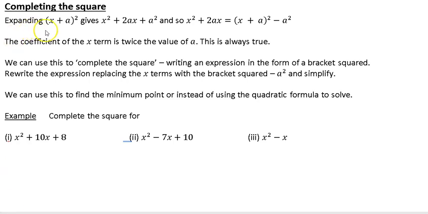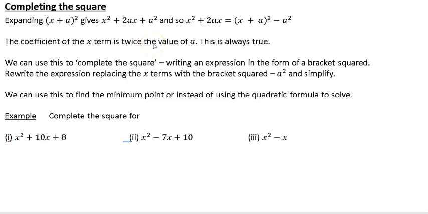Okay, the first thing to notice is if you expand (x + a) squared, it gives you x squared plus 2ax plus a squared. So this coefficient, this a, is doubled, and that's where you get the coefficient of the x, and then the last term is just this thing squared.